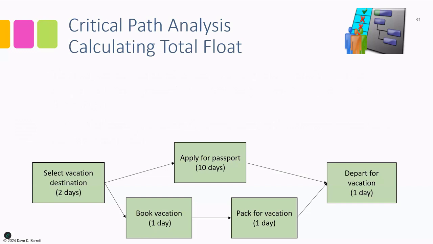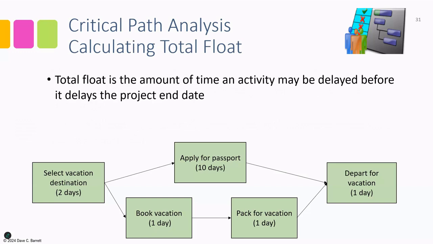Now, there's another concept, which is total float, and that's a key concept in critical path analysis. Total float is the amount of time an activity may be delayed before it delays the project end date. Remember, this network diagram has a duration of 13 days. And let's say, for the sake of argument, we really want it to be no more than 13 days.